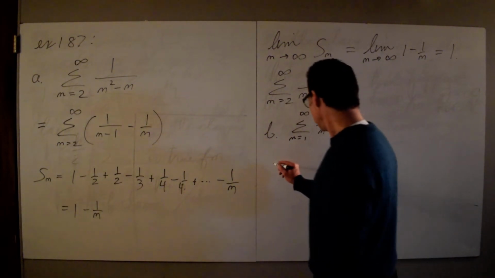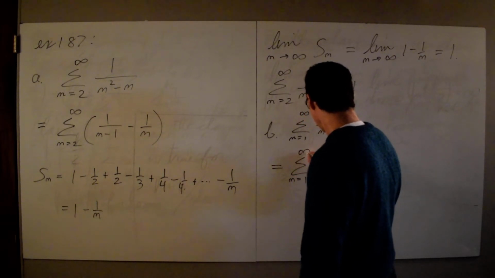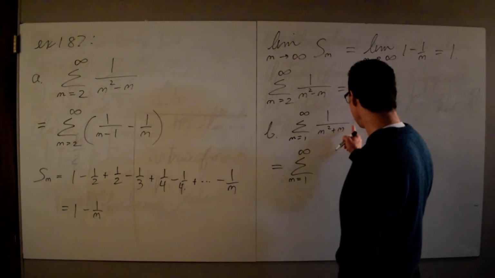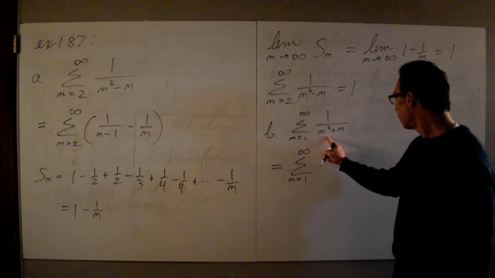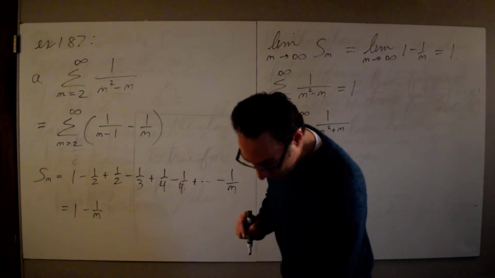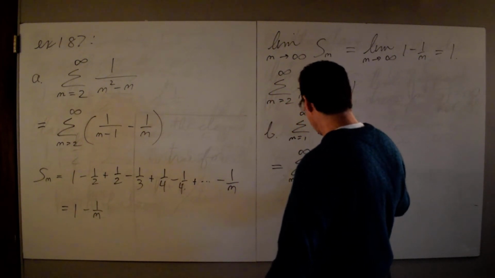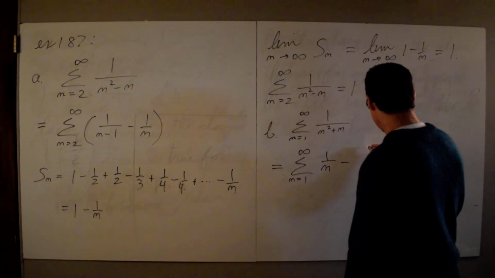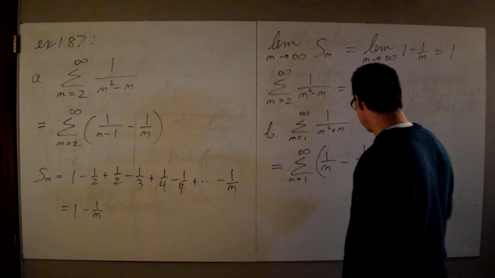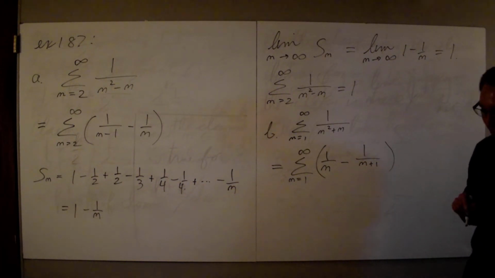Again, if we decompose this, so our partial fraction decomposition, this denominator factors to n times n plus 1, and so we write this as 1 over n minus 1 over n plus 1. This is how this decomposes.